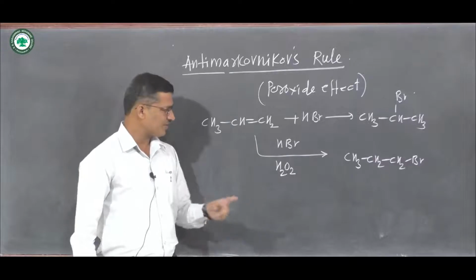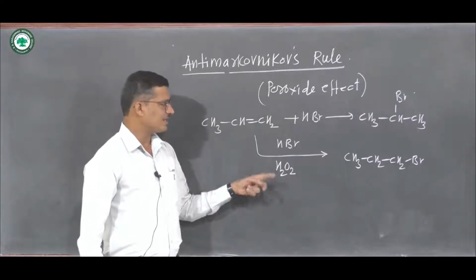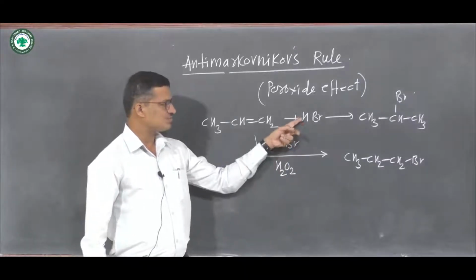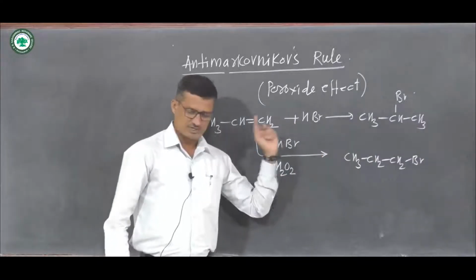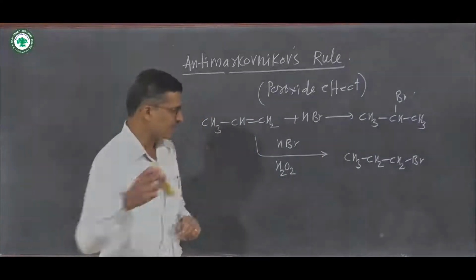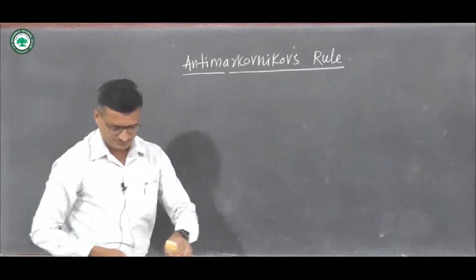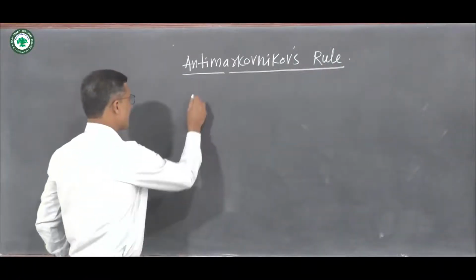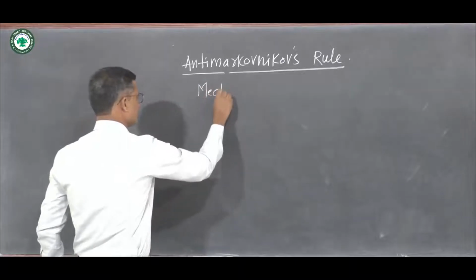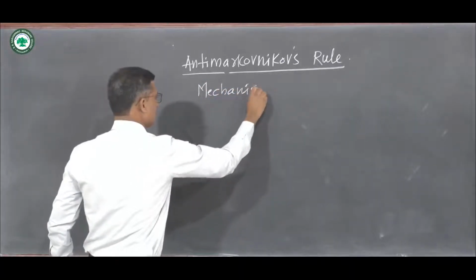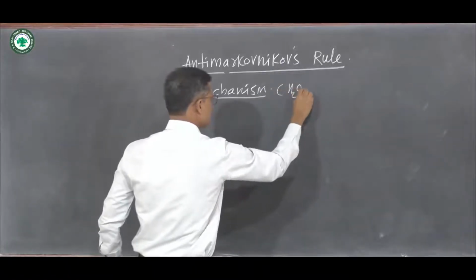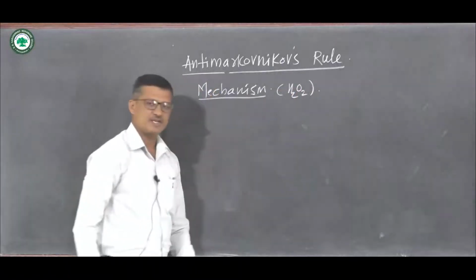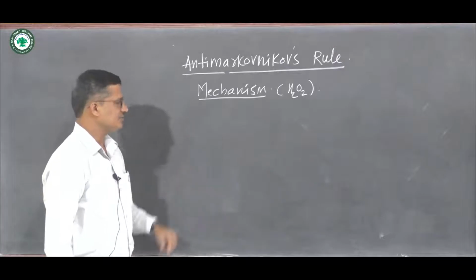So what is the role of H2O2 in the reaction? When there is no H2O2, the product is different. When in presence of H2O2, the product is different. So what is the role of H2O2? We see the mechanism of this reaction, what happened in presence of H2O2, what is the mechanism of this addition reaction.